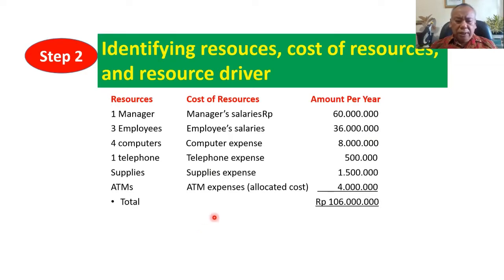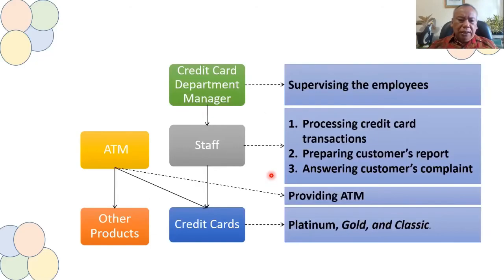And also the telephone payment and others. So this is the allocated cost. For example, in our diagram here, we have the total ATM expense.